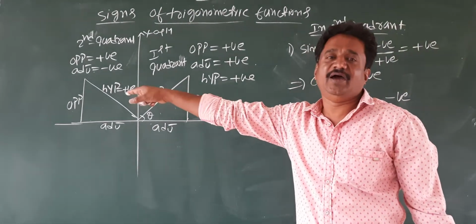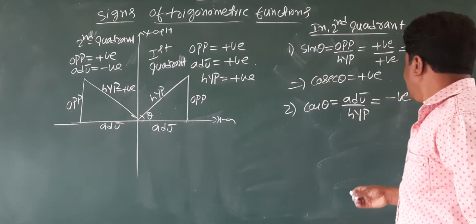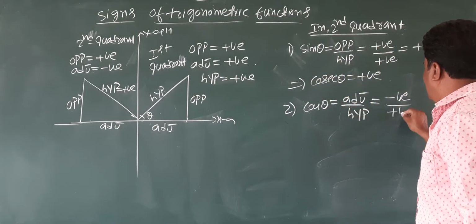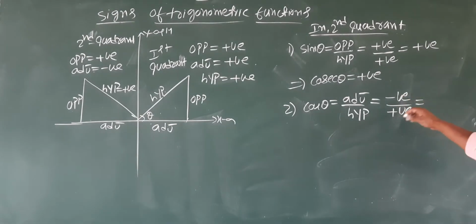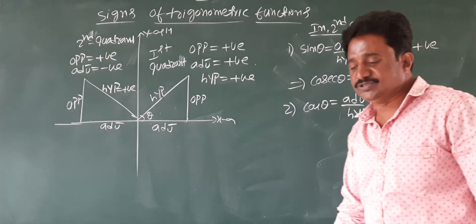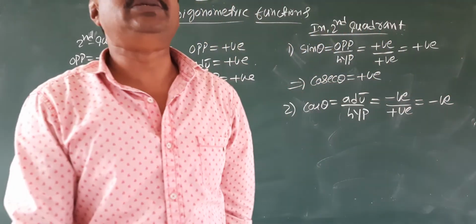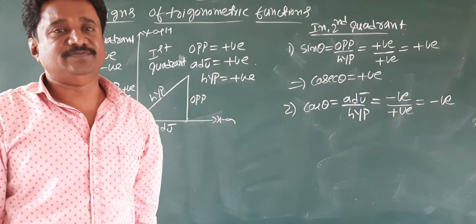Opposite is positive. Negative by hypotenuse, which is always positive, you know this very well. Minus by plus, negative. So all cos theta values in the second quadrant are negative.